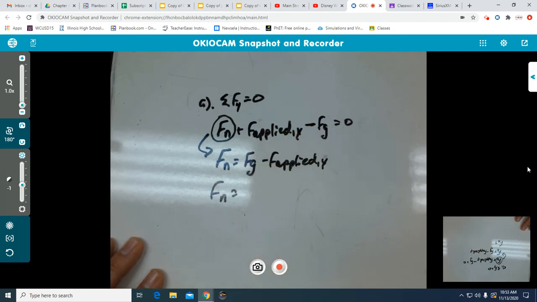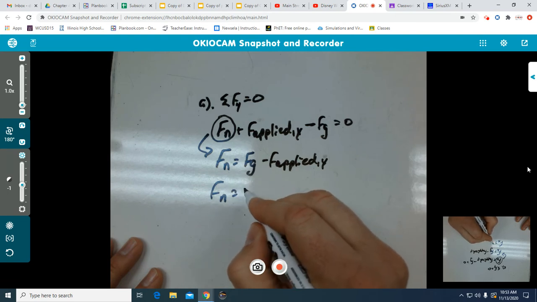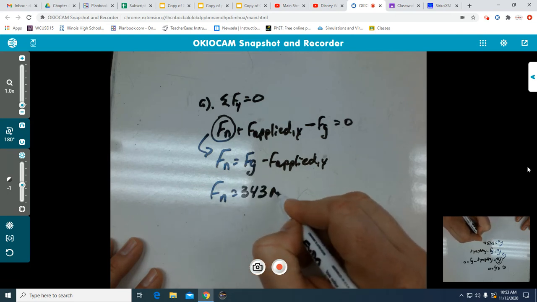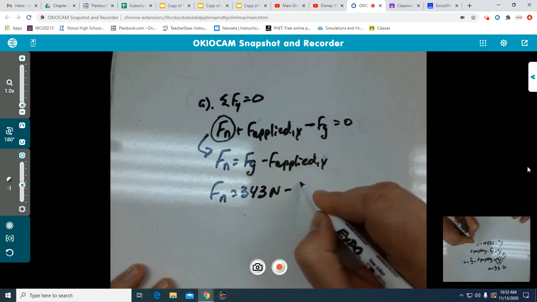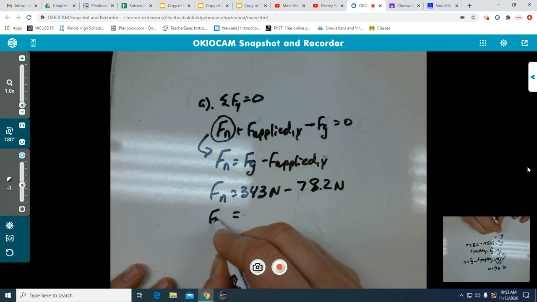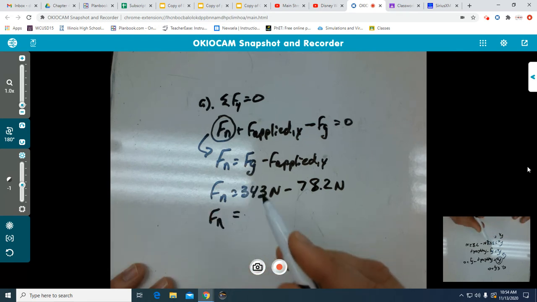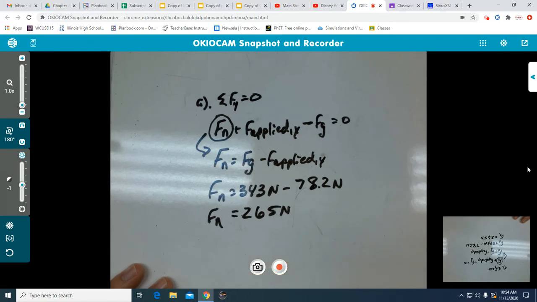In the first part we already calculated the gravitational force, because we are smart, intelligent people and we knew we were going to use that. So we have 343 newtons minus the applied force in the y direction of 78.2 newtons. In part A, we have a normal force of 265 newtons.